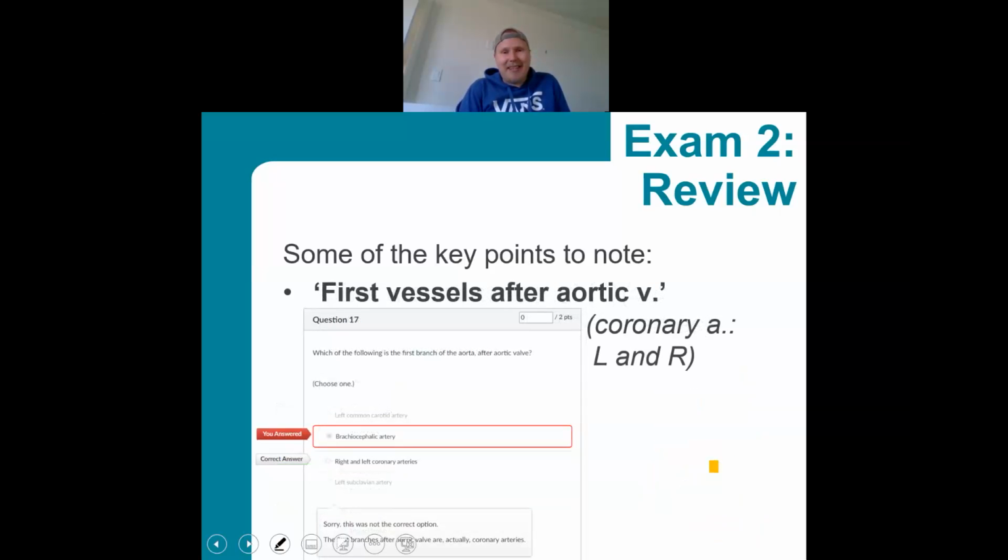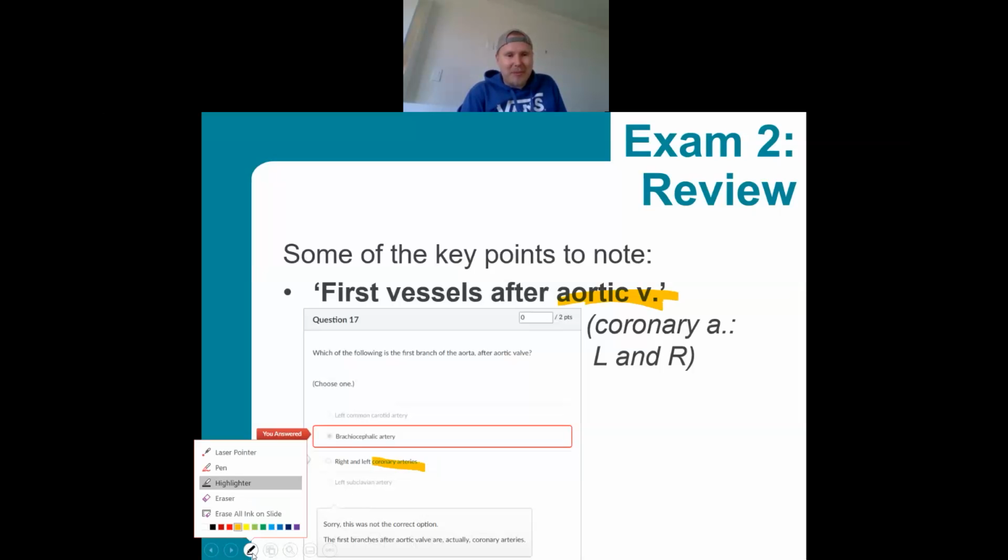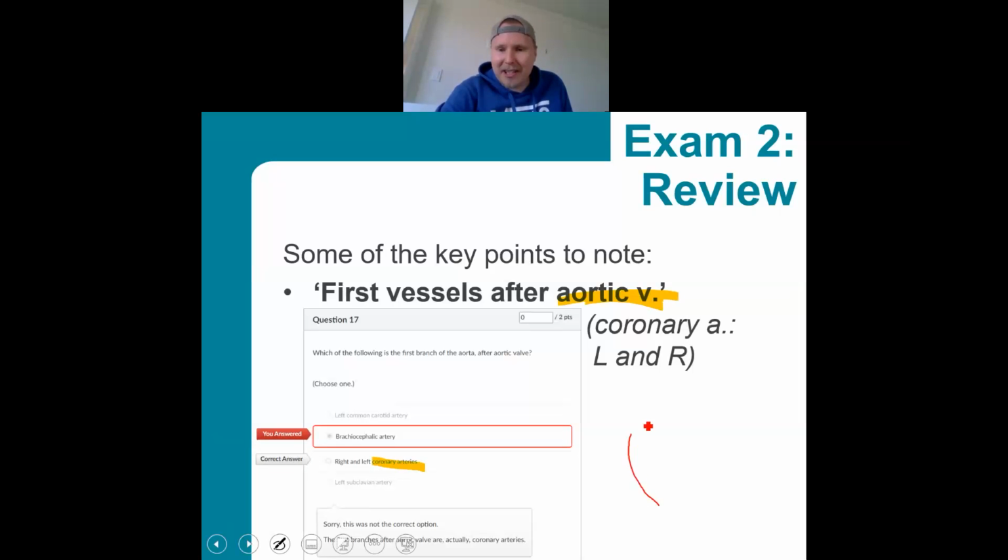What else did I have here? The one that we already talked about, the first vessel after the aortic valve, it was, of course, the coronary arteries. Many of you jumped right to the aortic arch, which is the larger, easier structure to think of. And of course, on the aortic arch, the first one is the brachiocephalic.